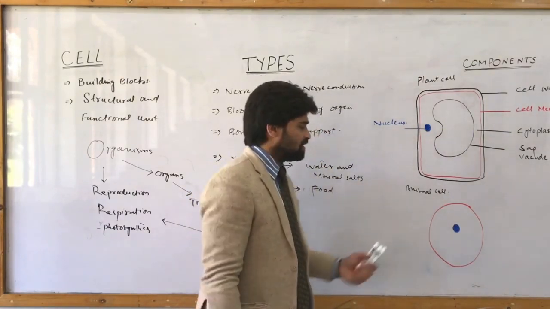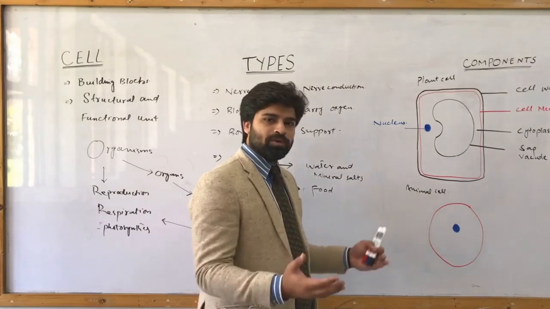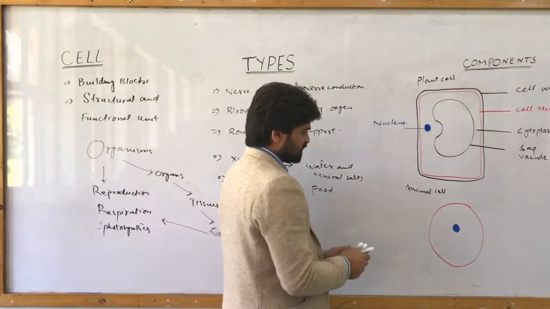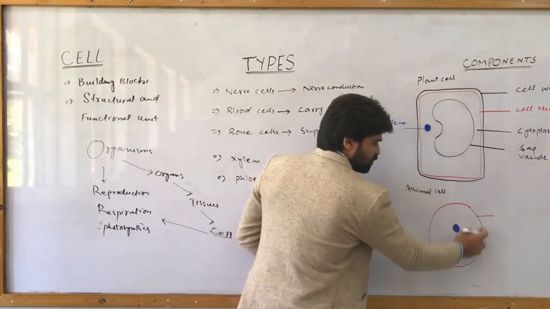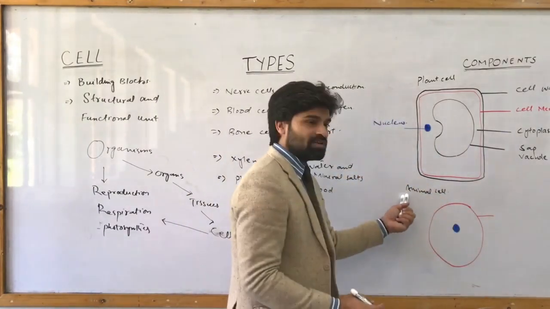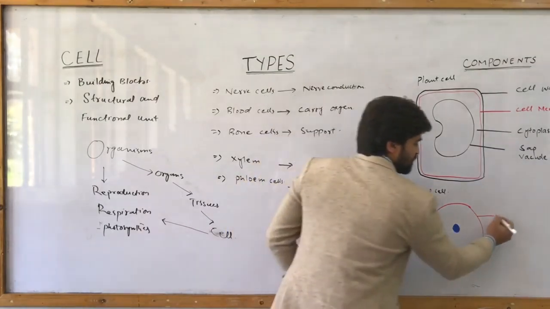Similarly, in an animal cell, there are some components present. The outermost wall of the animal cell is the cell membrane.